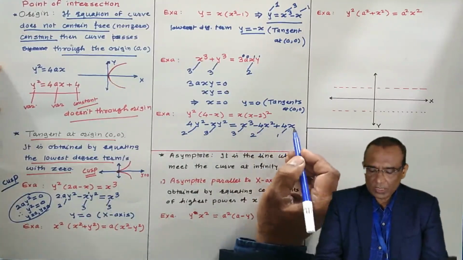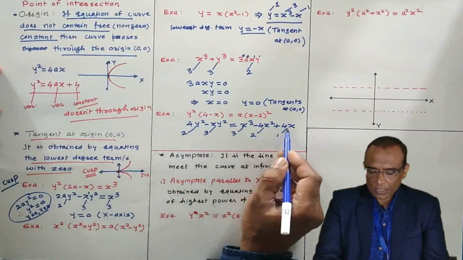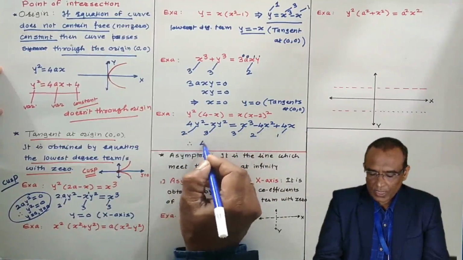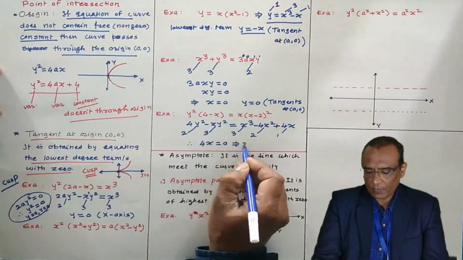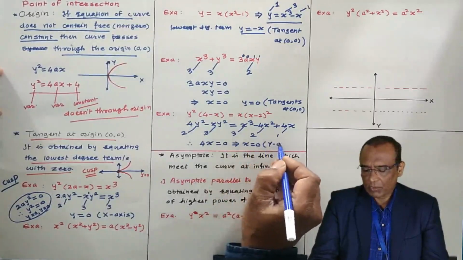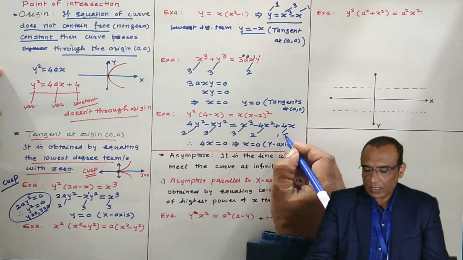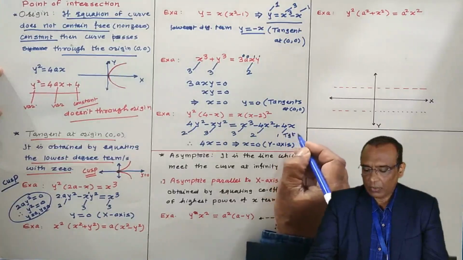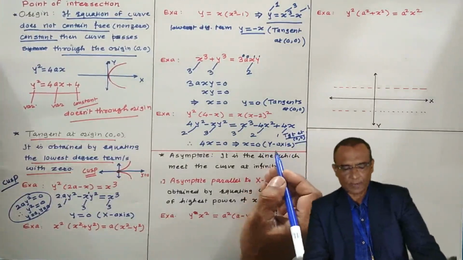So what is the lowest degree term here? The lowest degree term is 4x. Therefore 4x equal to 0 means x equal to 0. And x equal to 0 is the equation of the y-axis. So the tangent at origin is the y-axis.